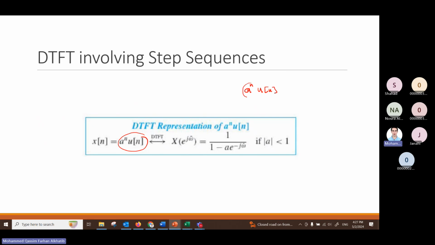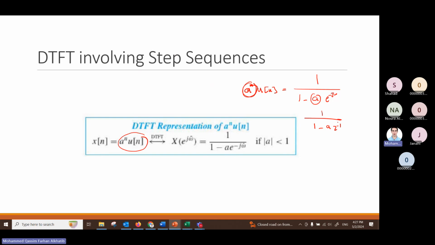The coefficient here will go back to the denominator. So you will have 1 over 1 minus a, that's the a here but without the n, e to the power minus j omega. Again, related to the transform, exactly the same shape.